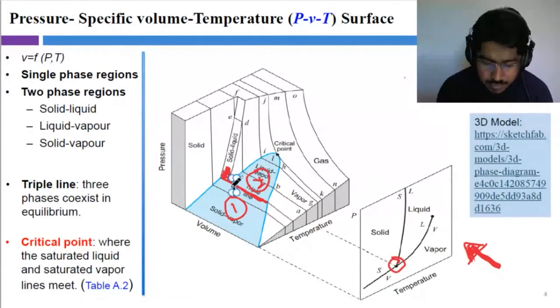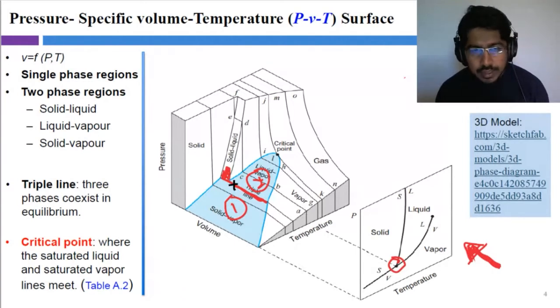For example, this point is going to be on the triple line, so we cannot say it's isothermal or whatsoever, but we have only one temperature and pressure value for the triple line. Am I making sense, Domi? Did I answer your question?